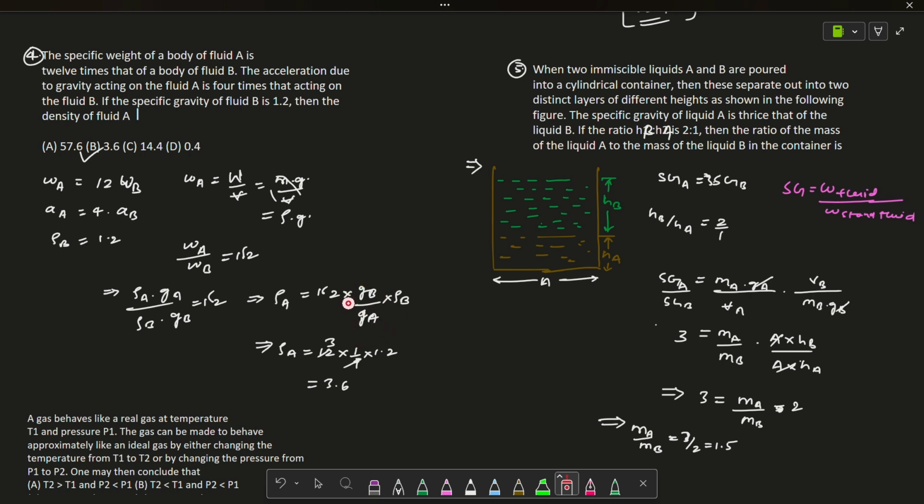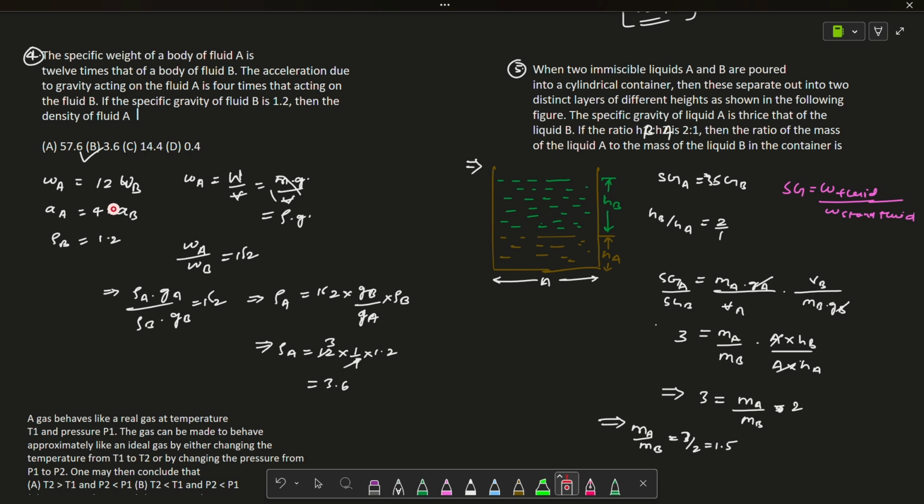So GB by GA can be written as 1 by 4, right? So we have written 12 into 1 by 4, and rho B is given as 1.2. So 4 3s are 12, and 12 3s are 36. So we will write 3.6 as your answer, right? So option B is correct.